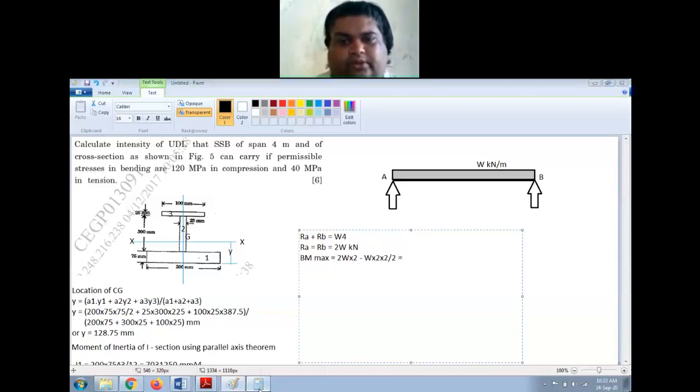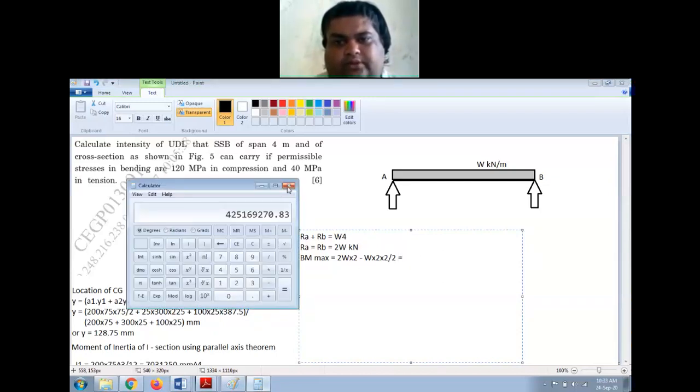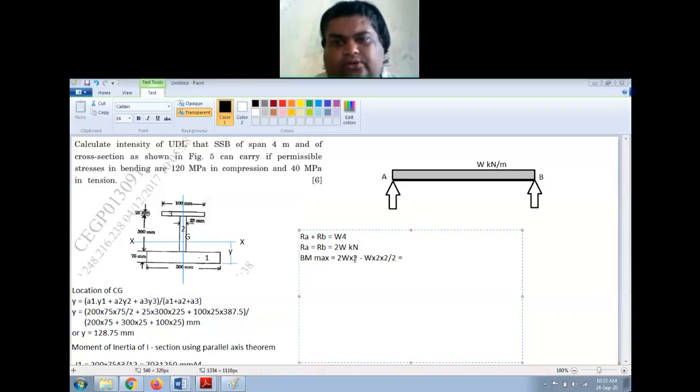So again this 2 into 2, it is 4W minus 2W. So this will be 2W kilonewton meter. Okay, that is the maximum bending moment.